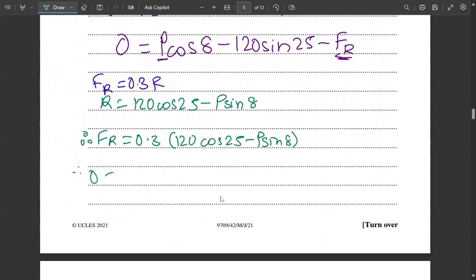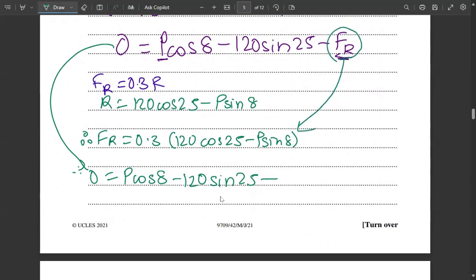Therefore, 0 equals P cos 8 minus 120 sin 25, minus, now instead of this FR, I'll write this entire thing, minus 0.3 (120 cos 25 minus P sin 8).